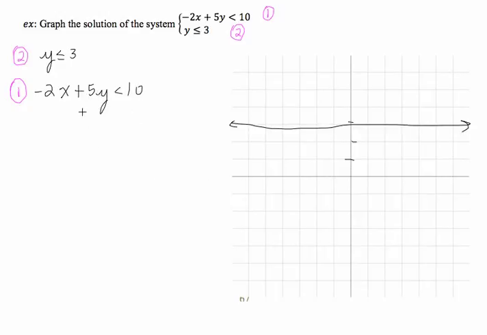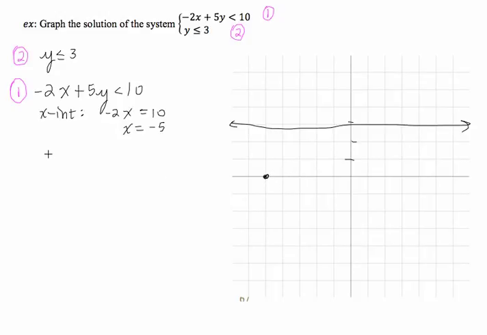Now if I solve this for y, I'm going to have some fractions involved. So instead I'm going to graph it by plotting its intercepts. So let's find its x-intercept. That occurs by letting y equal 0, so we'll have negative 2x equals 10, which would be x equals negative 5 as its x-intercept.